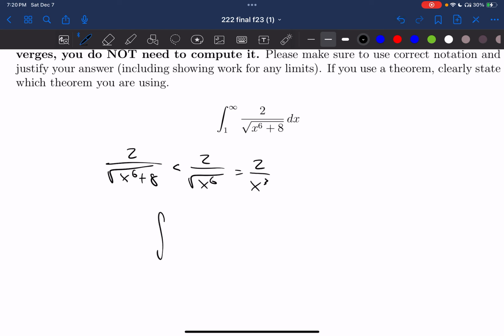We need to say the integral from 1 to infinity of 2 over x to the 3rd power dx will converge by the p-test, where p is equal to 3.